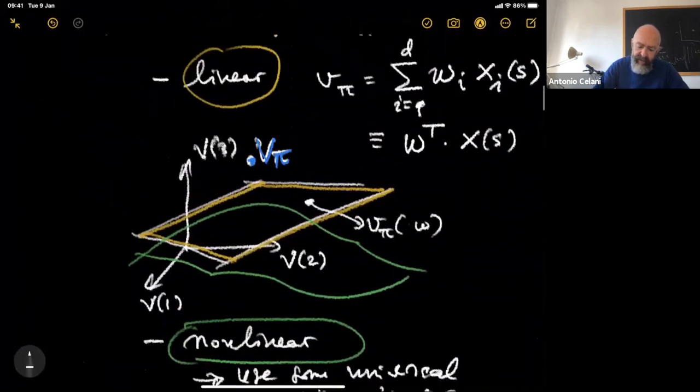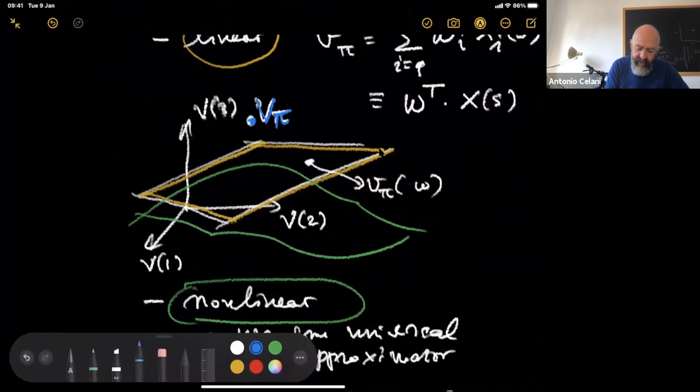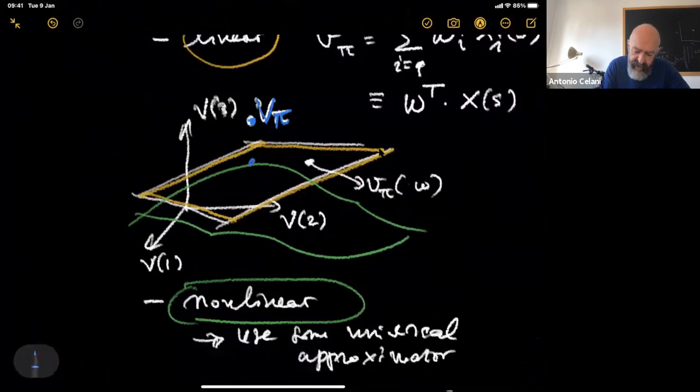In this linear space, the point which is closest to V pi in the sense of the VE error, which is not exactly the Euclidean distance because it's weighted by the residence times, is in a sense your optimal, your closest point.